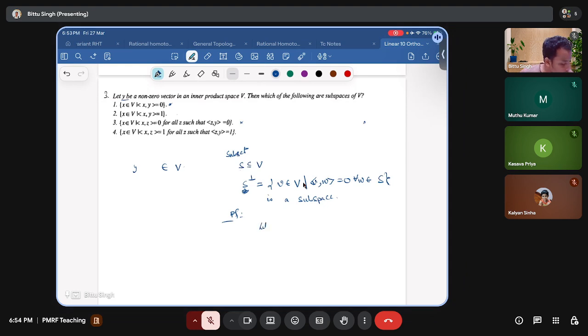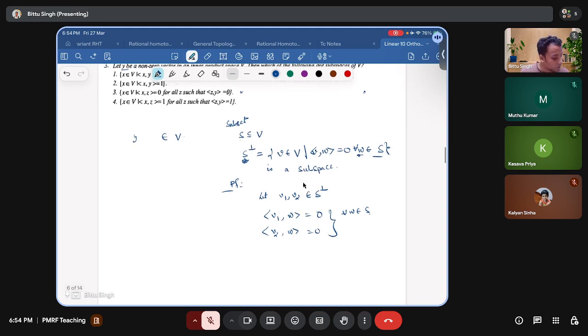So let v1 and v2 belong to S perp. Then it is true that v1 is perpendicular to the set S. That is, the inner product of v1 with w is 0 for all w belonging to S, and similarly the inner product of v2 with w is 0 for all w belonging to S. Now if we take any linear combination c1 v1 plus c2 v2, we need to check that this also belongs to S perp.